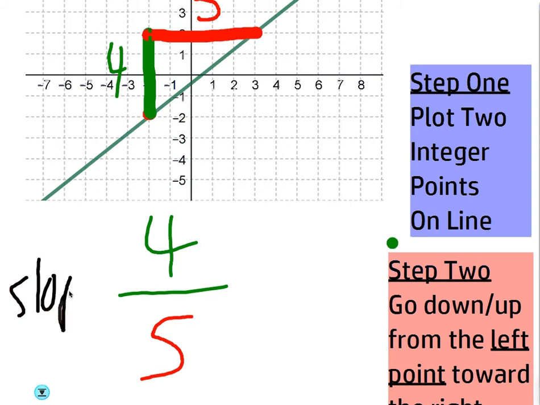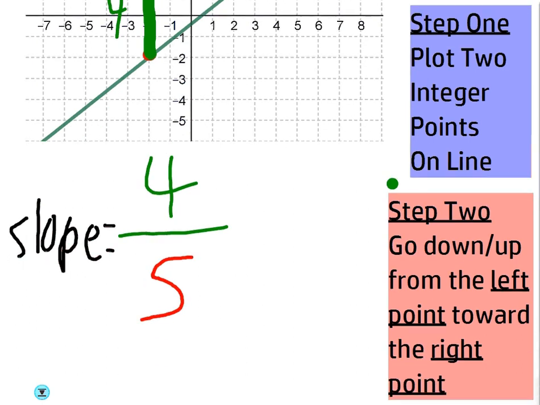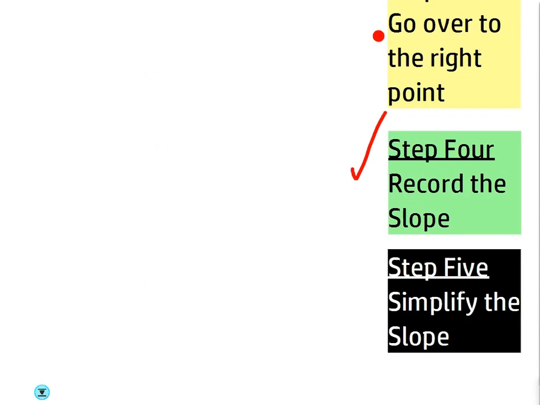Now, if you want to write m, some of you might know, I don't know why we use m, but for some reason the letter m represents slope. You can write m equals 4 over 5. Now, step 5 might be useful if you want to take a look at that fraction. You want to make sure that fraction is simplified.